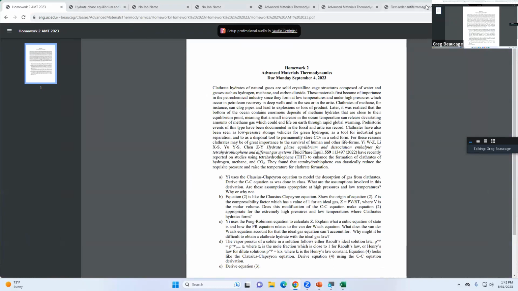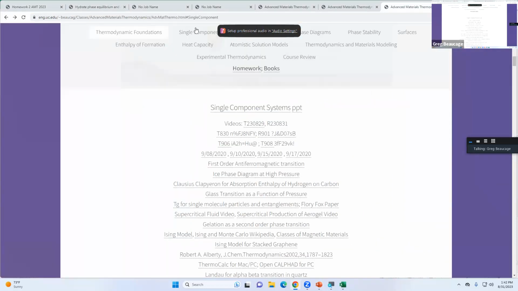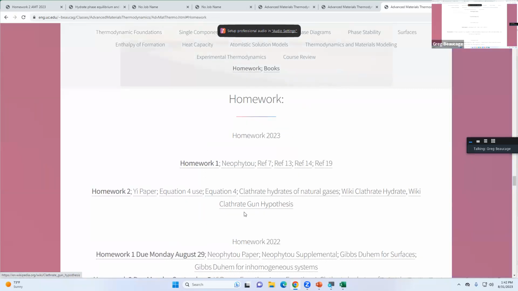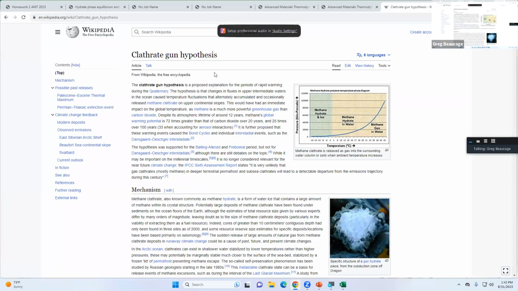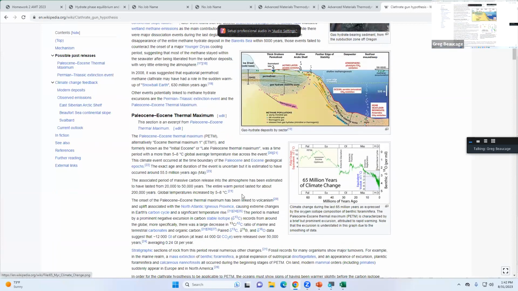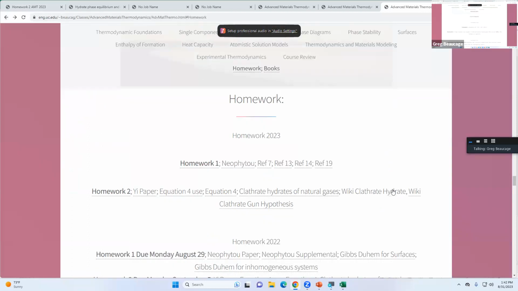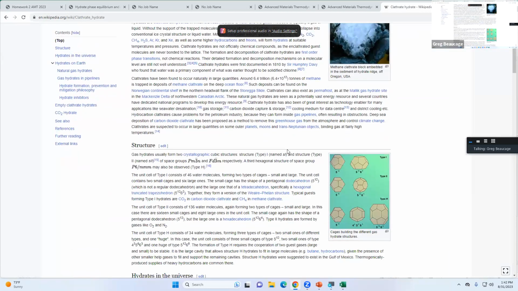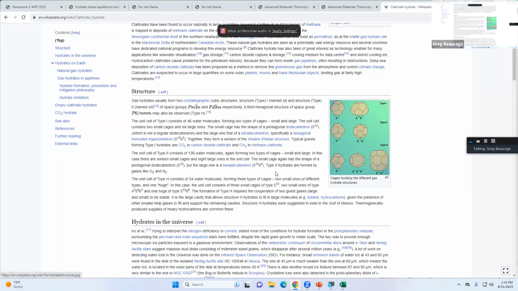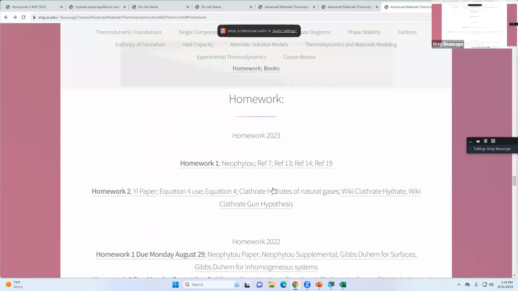There's also a book on clathrates in here. Inside the homework, there's the thing about the Earth ending, the clathrate gun hypothesis about how gases are stored under the ocean: the temperature rises 1 degree, and all life ends. There's a little wiki write-up on that. This goes through and shows some of the water structures.